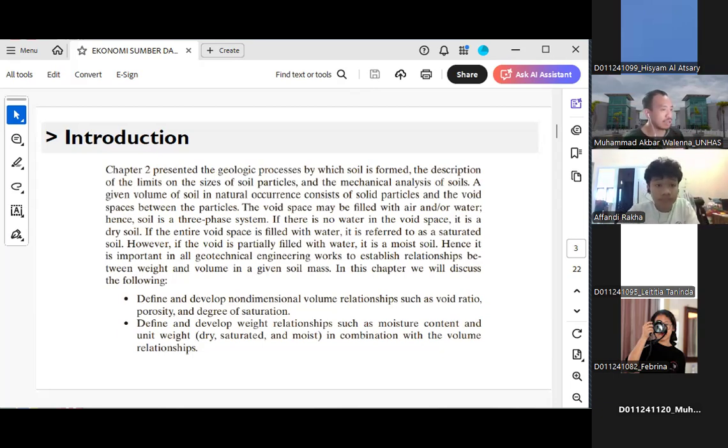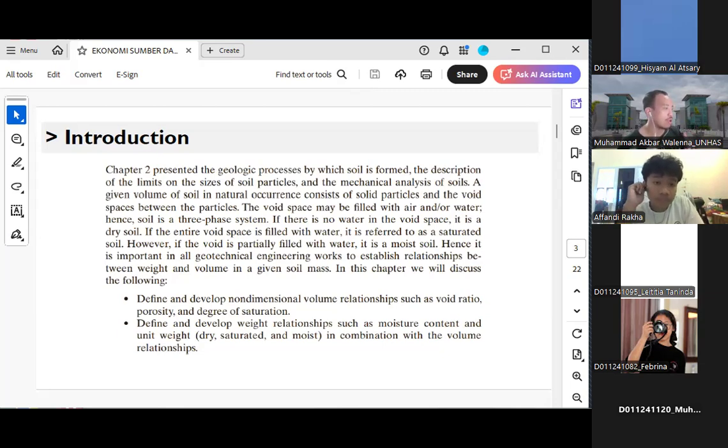Okay, so to make it easier for you to imagine this explanation, I want you to imagine a sponge. When you let the sponge absorb water, it's going to fill the voids inside the sponge with water, right? So whether the sponge is partially wet or fully soaked depends on how much water the sponge is absorbing.